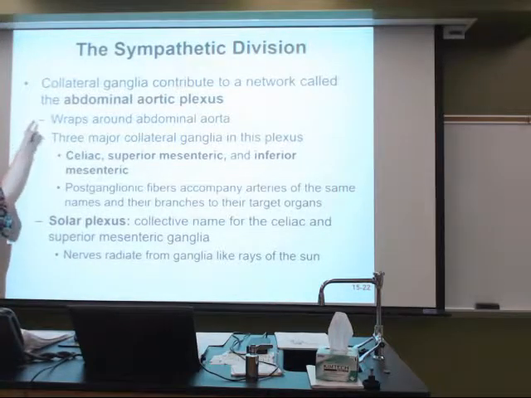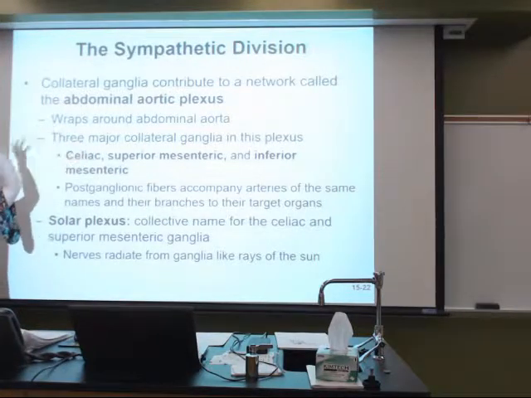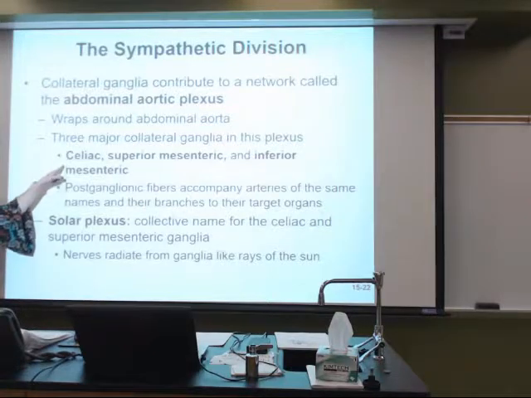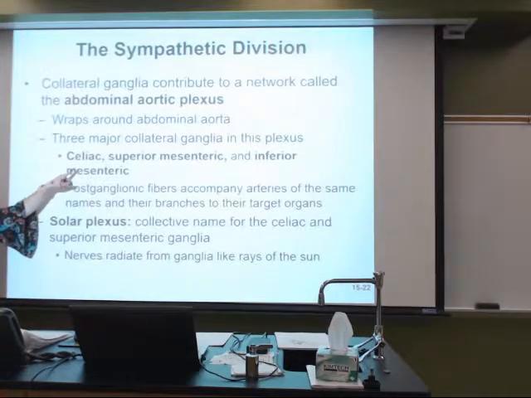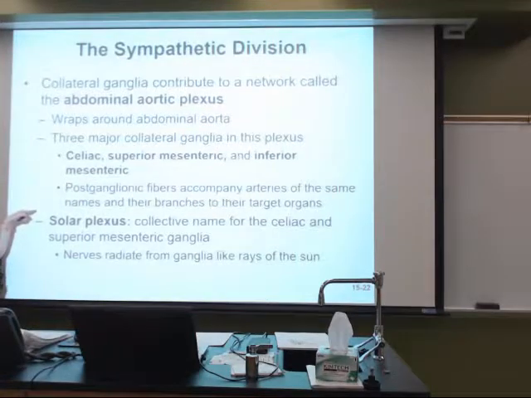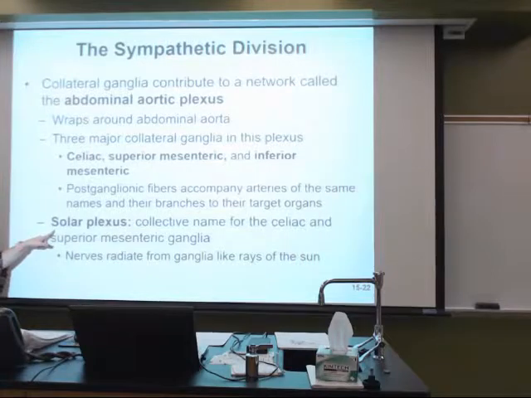This is my abdominal aortic, and because there's a grouping of something, plexus. Like it shows in the picture, my celiac, superior, inferior, mesenteric. Remember how I mentioned that one of them could be referred to as the solar plexus?